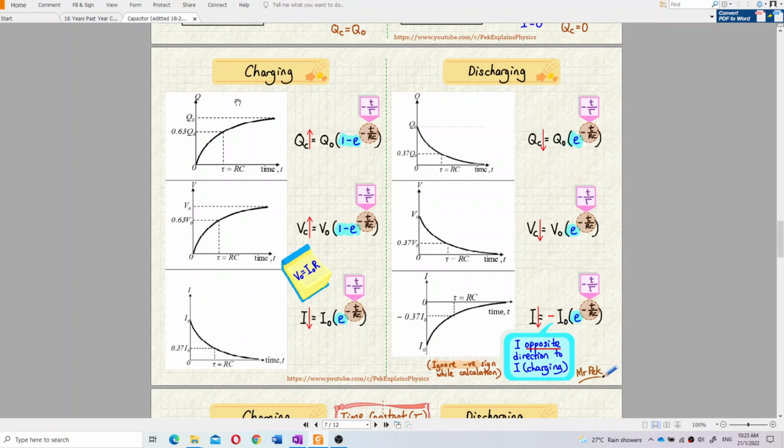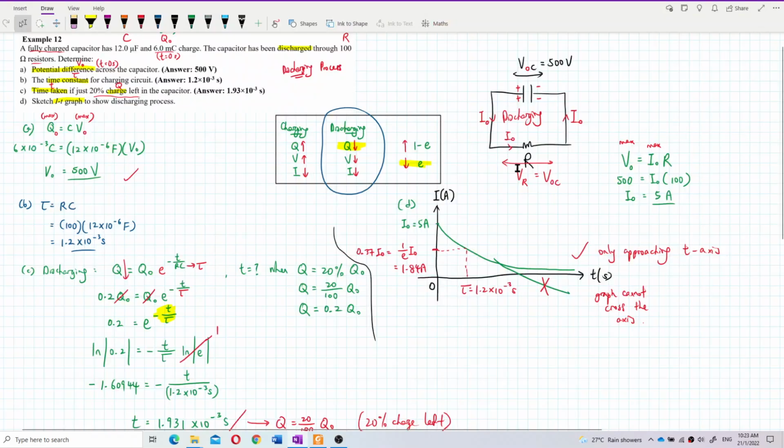Both are accepted. If I draw this one, I just ignore the negative sign for current. The important thing is that the shape of the graph must show the current decreasing, not increasing.